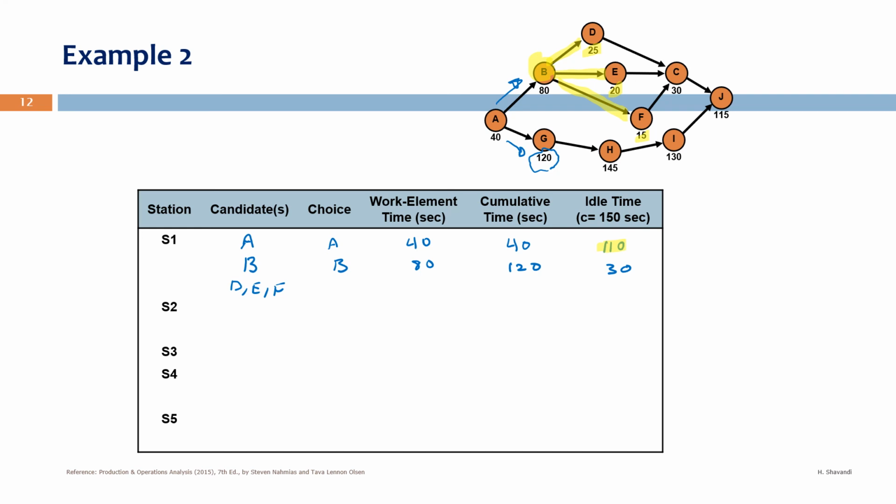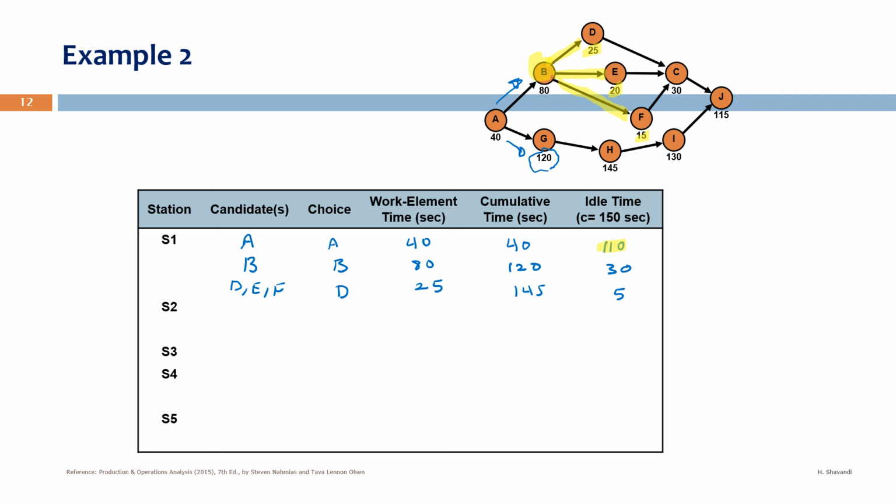I see here D has 25, and if we choose D, then we will have less idle time in this workstation at the end. Because of that, D is a better choice here. So we choose D, and 25. So it becomes 145 and 5 seconds left as the idle time. We can't add any more on this workstation.